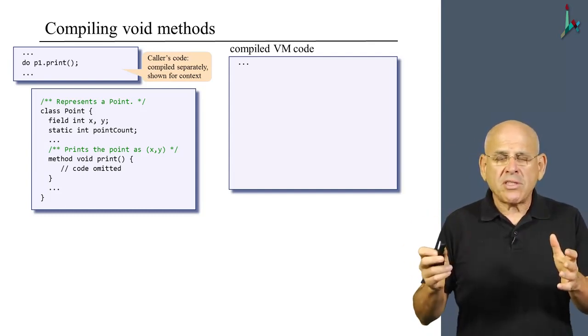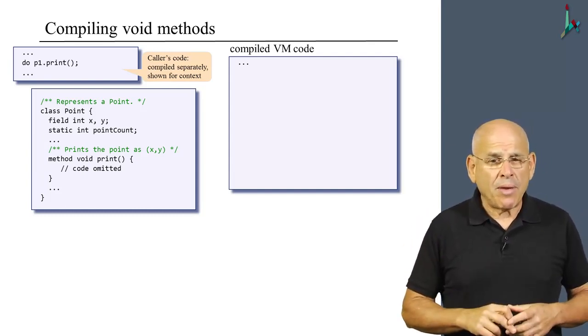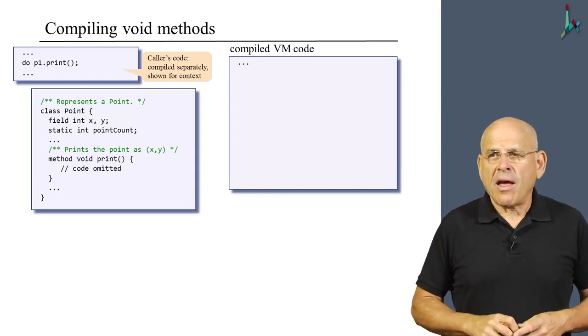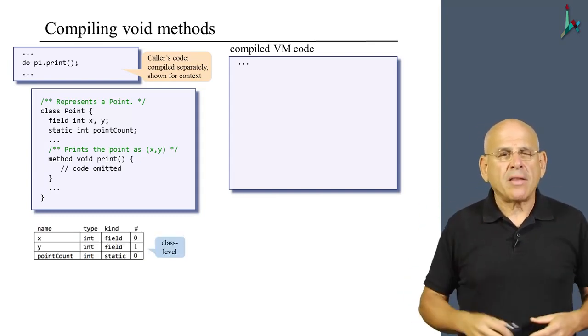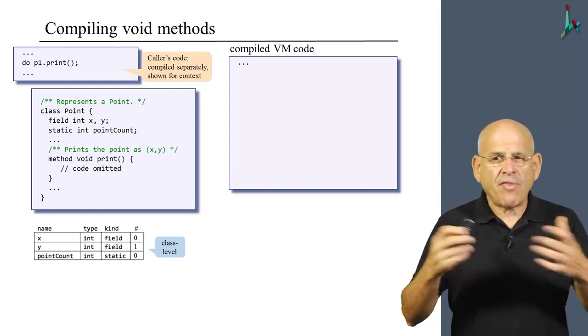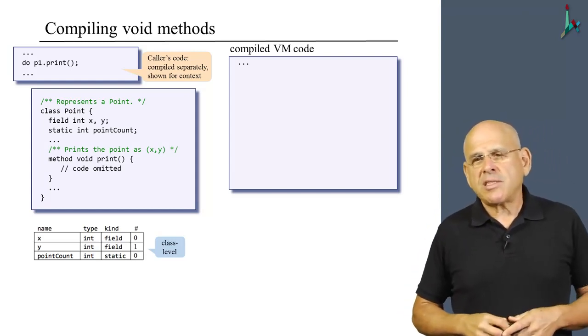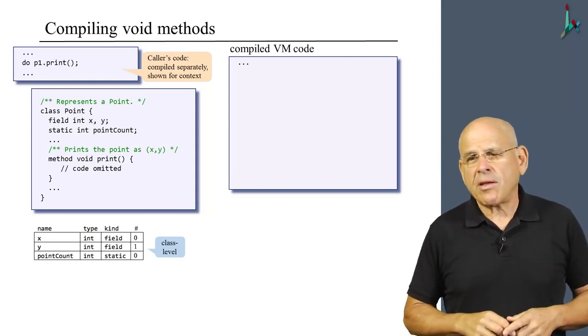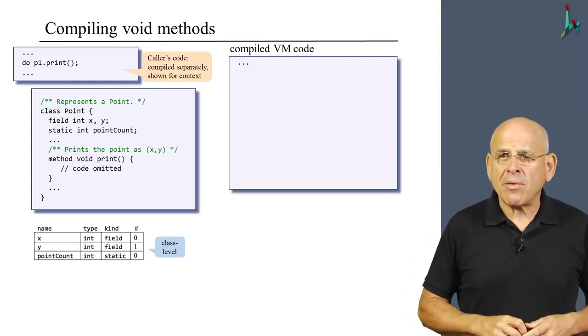Most of what you'll see now will repeat what we did before, and therefore I'm going to do it briefly. First, we compile the class declaration, the field declarations, the static declarations, and we generate no code. We just create the class-level symbol table.